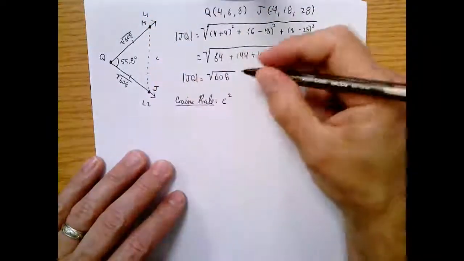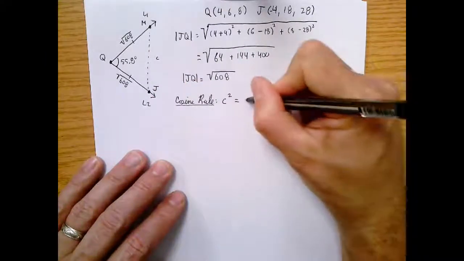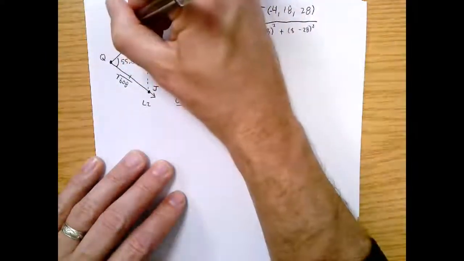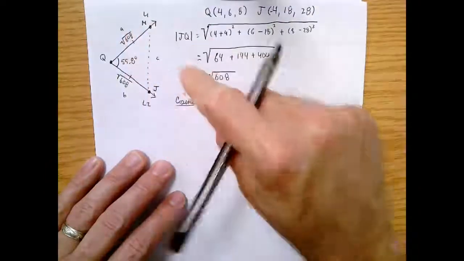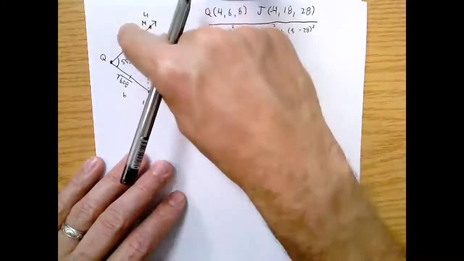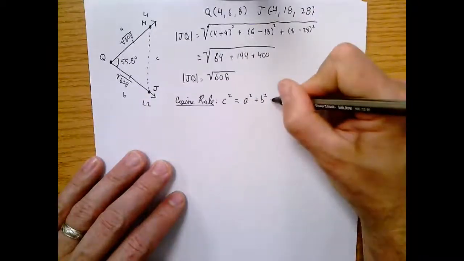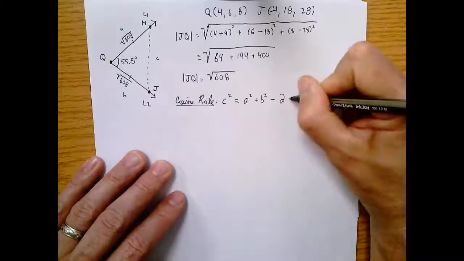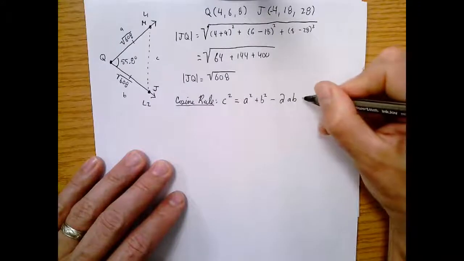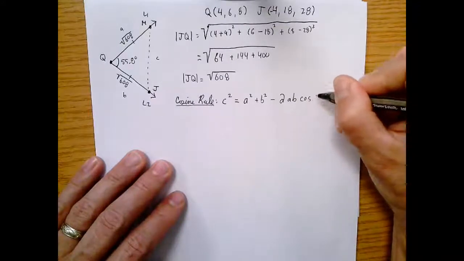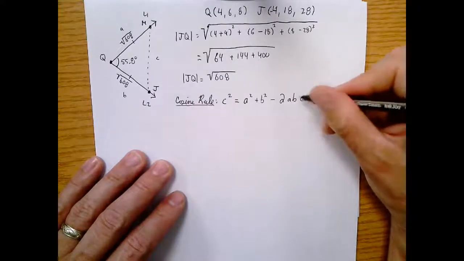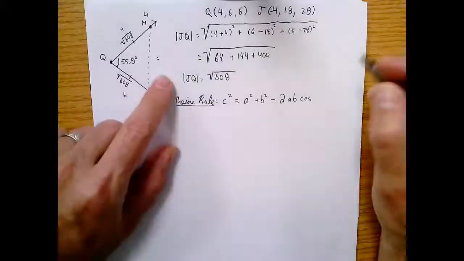C squared is equal to a squared. We'll make this our a, we can make that our b, just to help you see it. So c squared is equal to a squared plus b squared minus 2a times b, and then you put in cosine. So, okay, just to be clear, it's going to be cosine C.